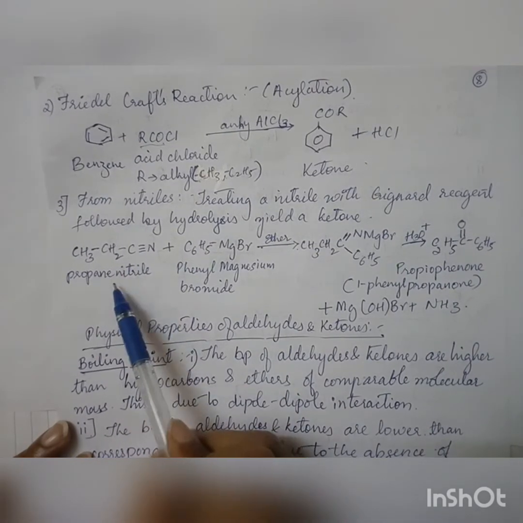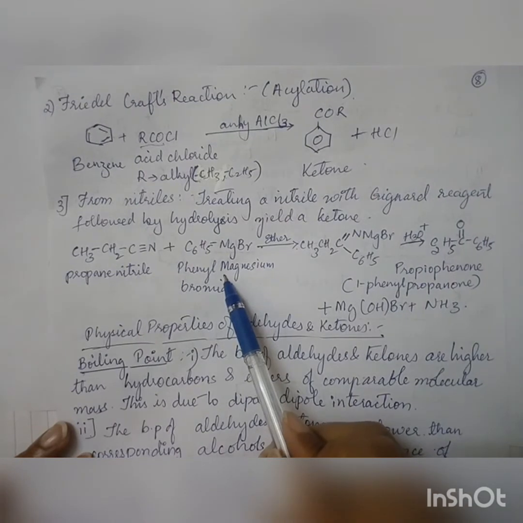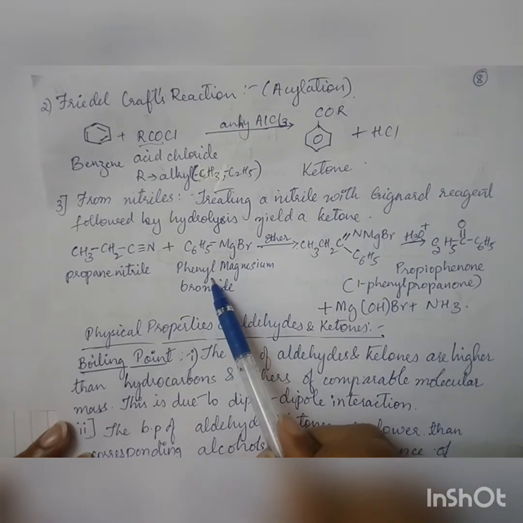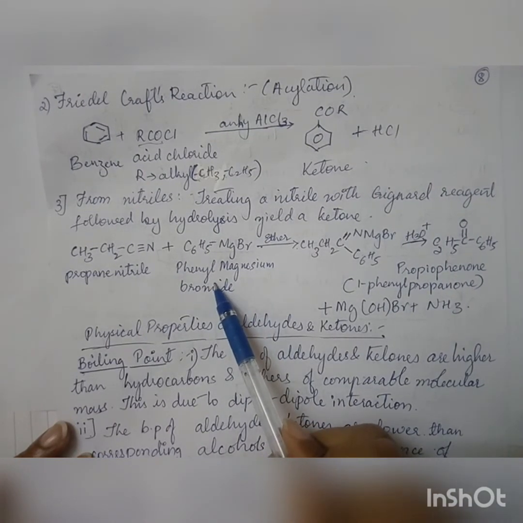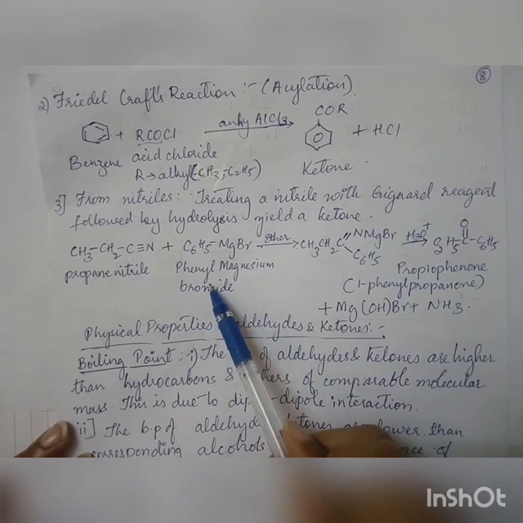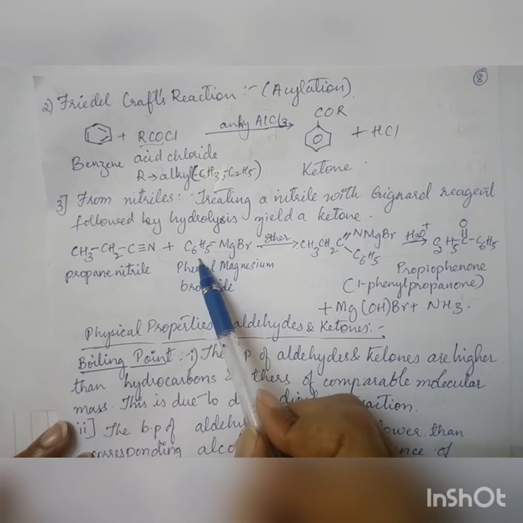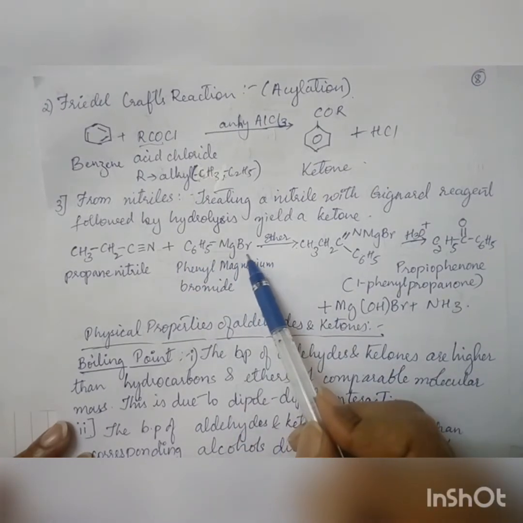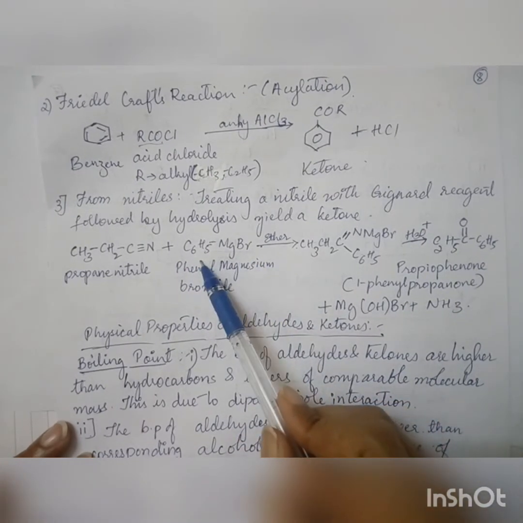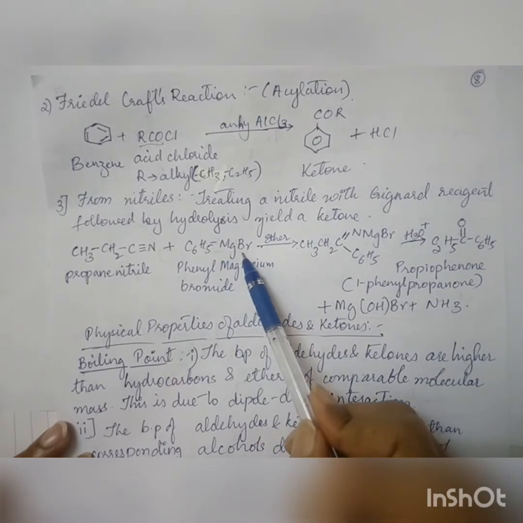Propane nitrile, when we combine it with Grignard reagent, here as you remember, Grignard reagent general formula is RMgX. Here we have taken phenyl group for R and X we have taken as bromine. So it is phenyl magnesium bromide.